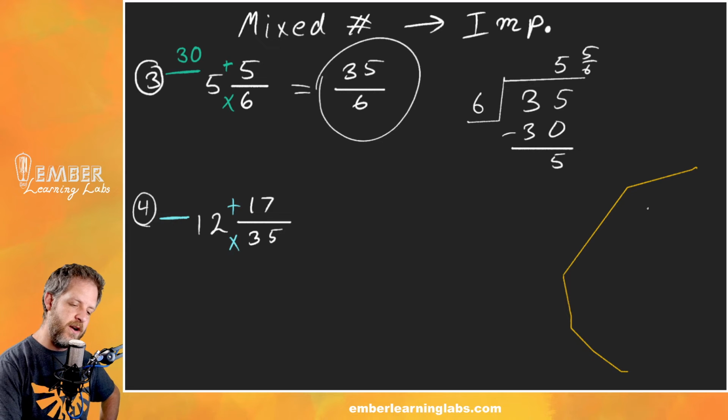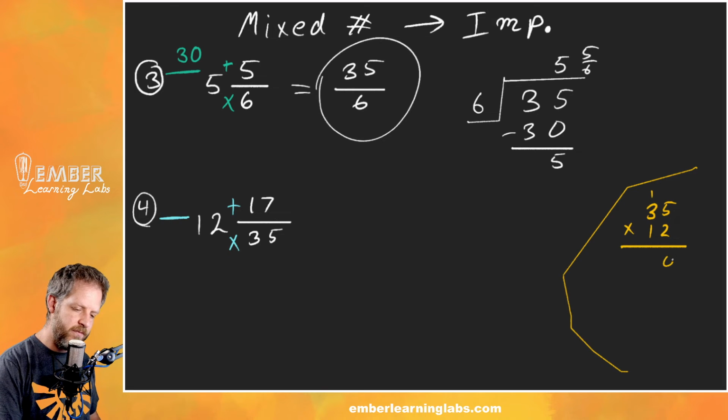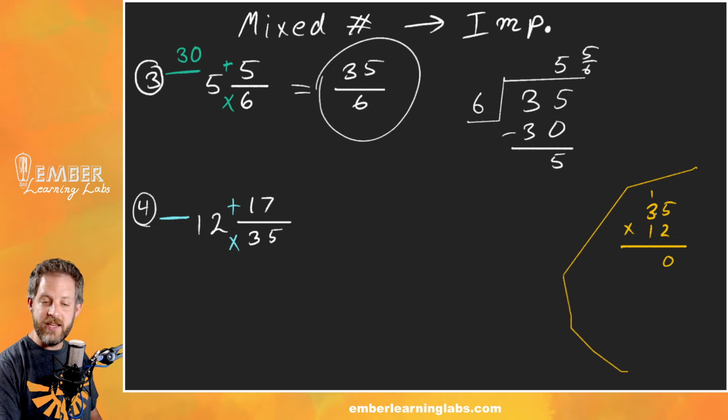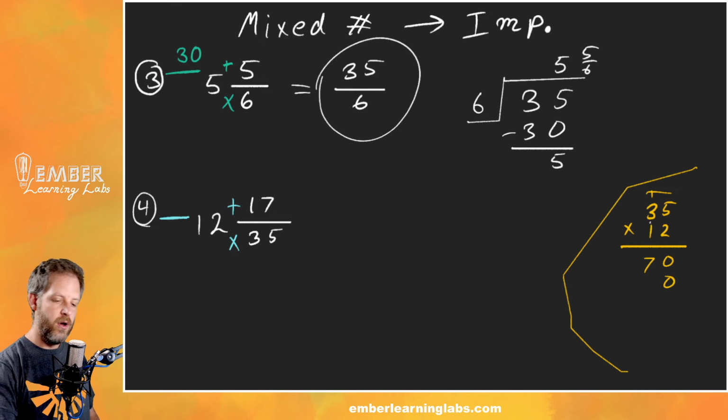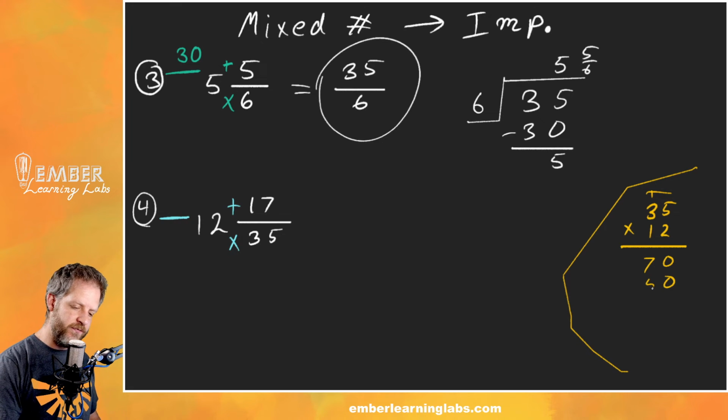Let's do 35 times 12. 2 times 5 is 10. 2 times 3 is 6, plus 1 is 7. When we move to the next digit, we scratch and add 0. 1 times 5 is 5. 1 times 3 is 3.